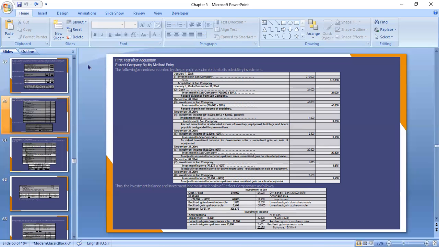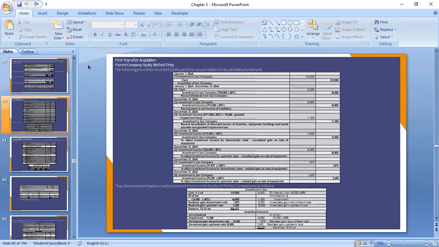The entries from January 1, 20x4 to December 31, 20x4, we now debit cash, credit investment in Sun, that is to record the share of the parent in the dividend given by Sun. Now, the dividend given was 30,000.